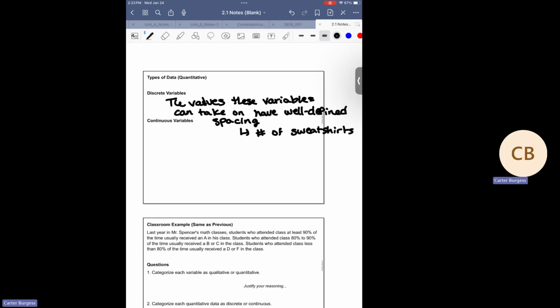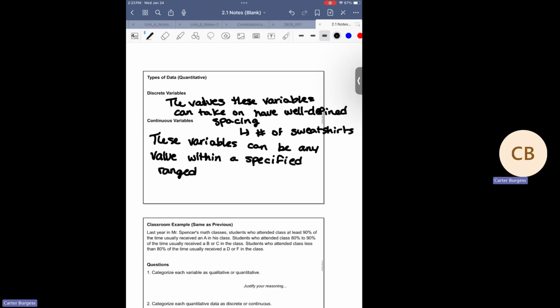Whereas continuous variables can be any value within a specified range, right?